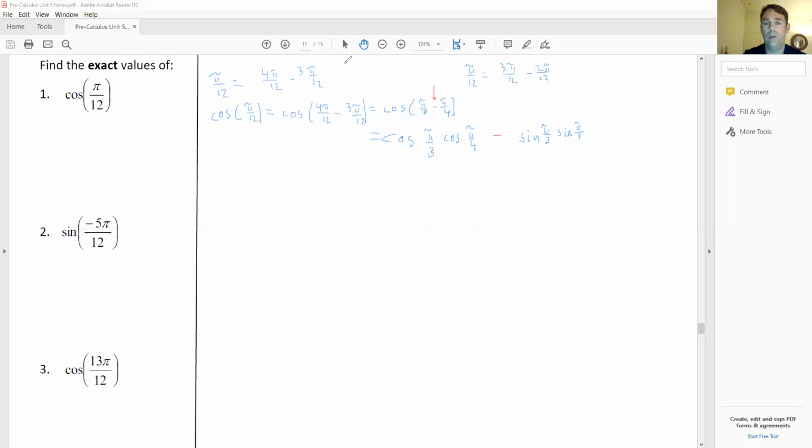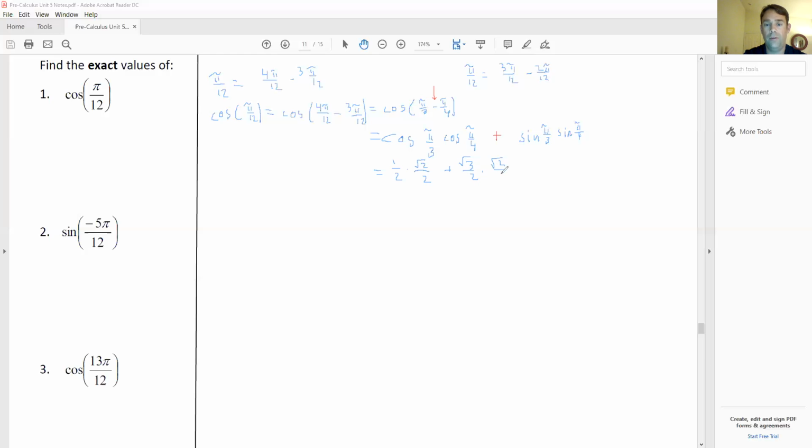And now we're going to clean it up, friends. So cosine of pi over 3, well, that'd be 1/2 times cosine of pi over 4 is root 2 over 2. And, oh, that should have been a plus there. I said the opposite sign and I wrote the same sign. Plus sine of pi over 3 is root 3 over 2 times root 2 over 2.